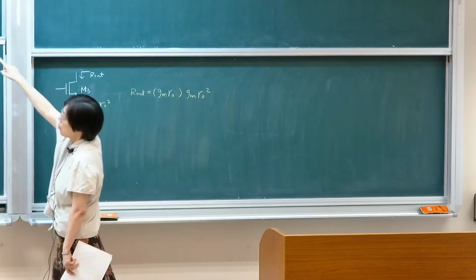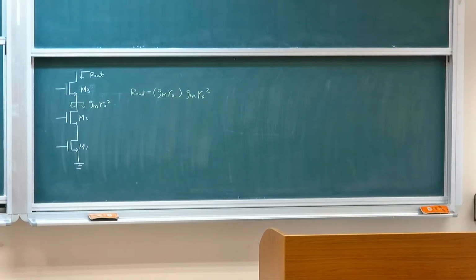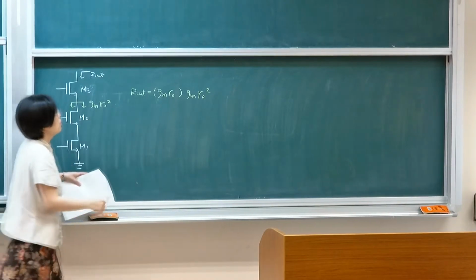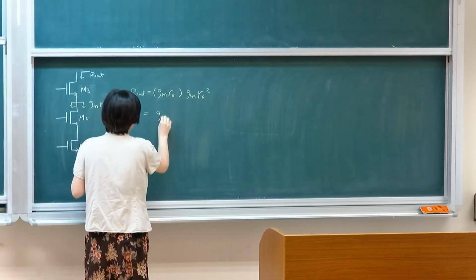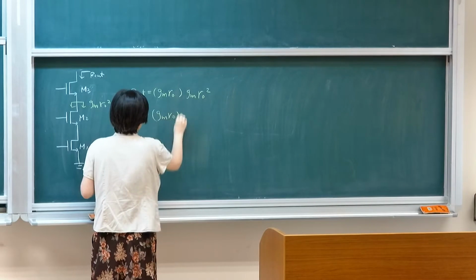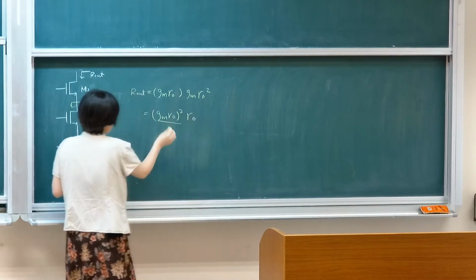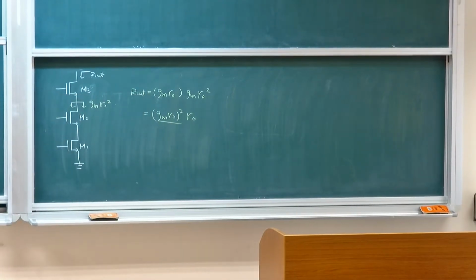Right? You amplify by whatever is the bottom resistance. This is RS. So this will give you GMRO squared times RO. So your output resistance is being boosted twice when you cascode 3 layers of transistors.